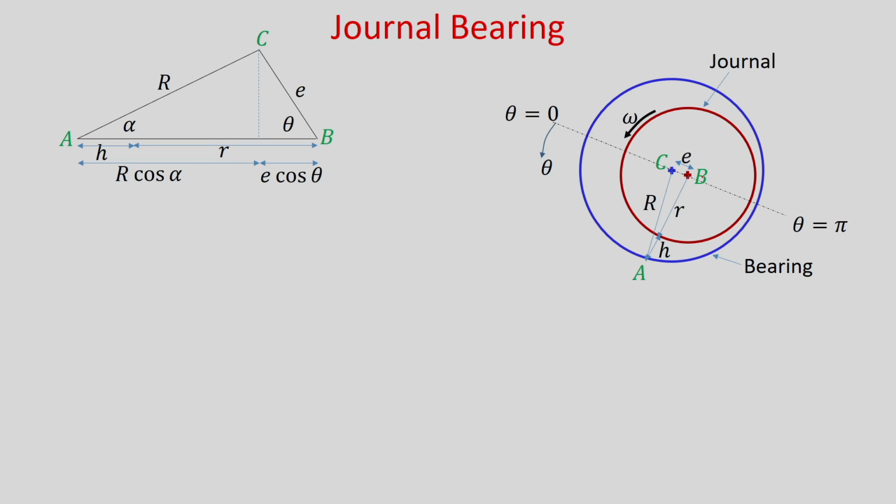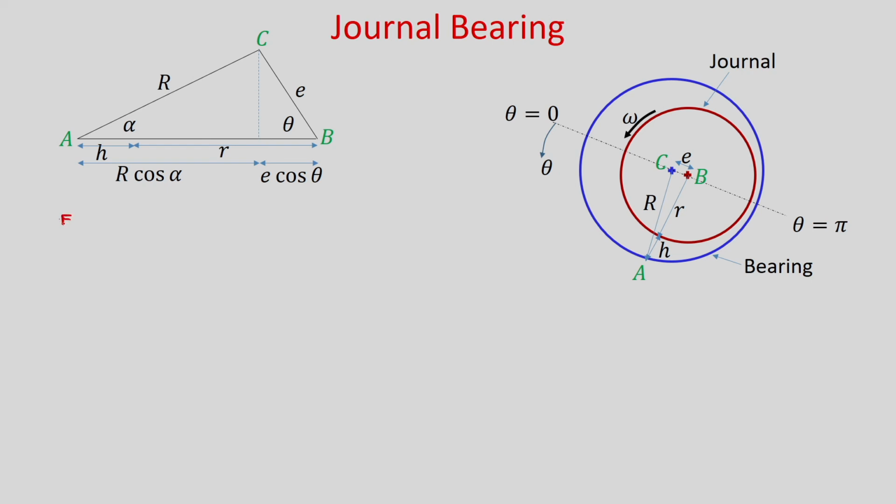Now let us consider this triangle ABC, where you know that AB is r plus h and AC is the radius of this bearing, that is capital R, and we define the eccentricity as the distance between the centers of this bearing and journal. So first let us define the eccentricity.